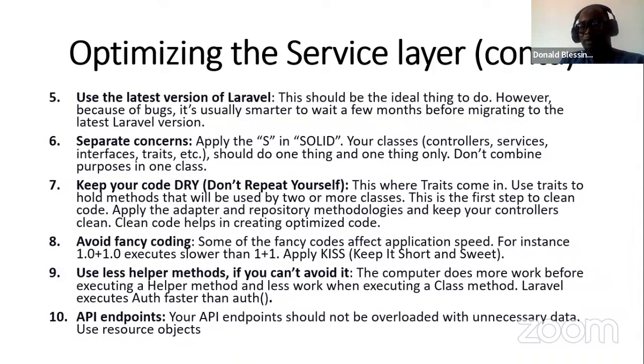Then another aspect of this number 9 is use of memory. Your RAM, the optimum use of your RAM space is very important. Helper methods live on the RAM, but classes don't. The way the application runs is that classes load only when needed.